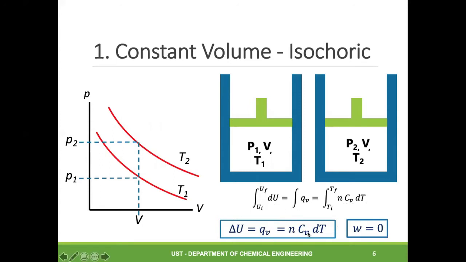Therefore, the first law equation that we will be using is delta U equal to Qv equal to n Cv dT. This is how it is represented in the PV diagram.